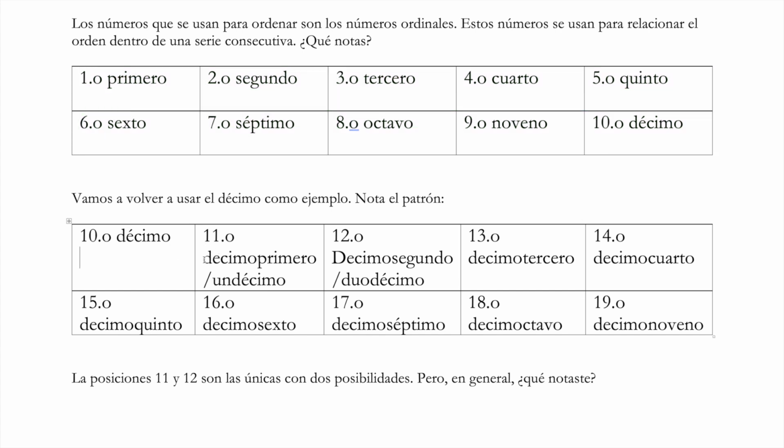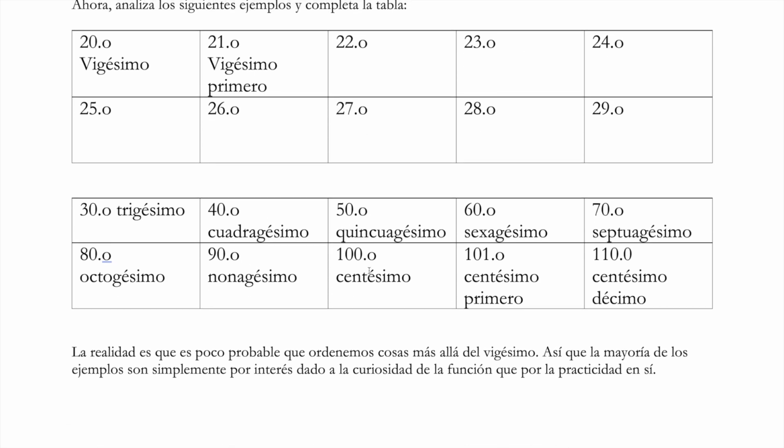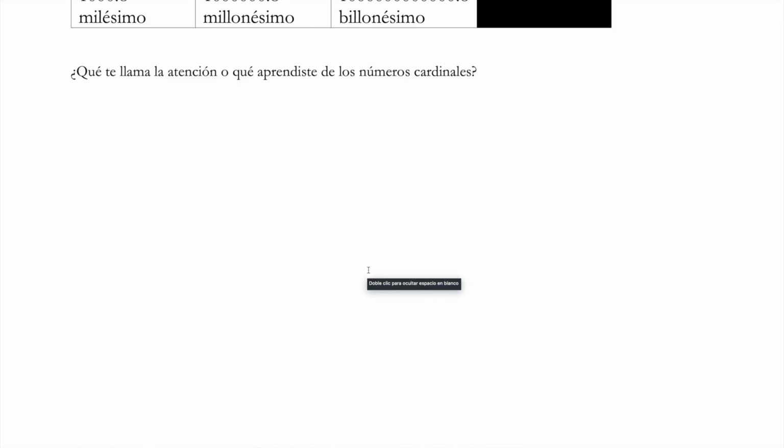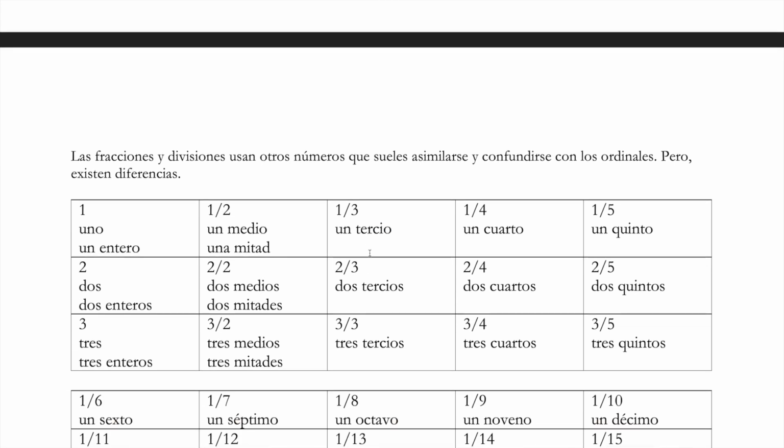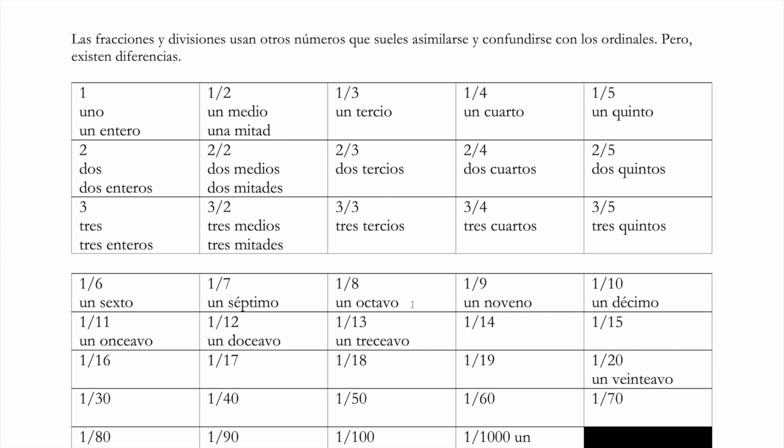So instead of saying décimo primero, which is the first of the tens, second of the tens, third of the tens, they will say this over here. They will say, for example, treceavo instead of décimo tercero.